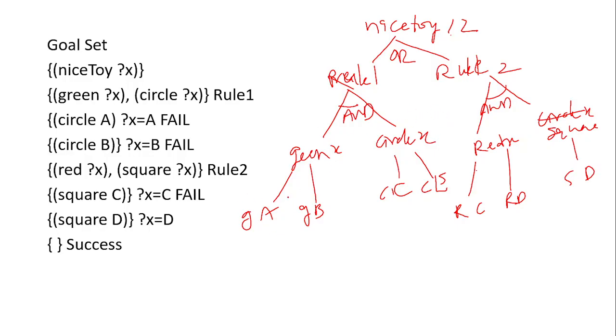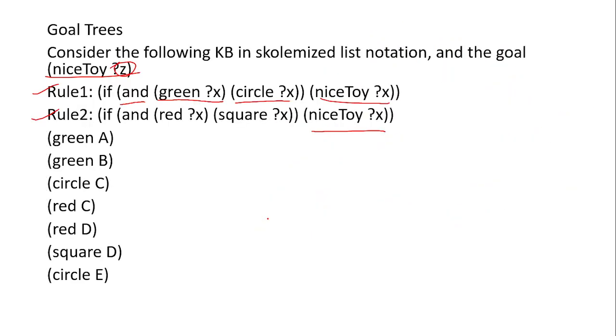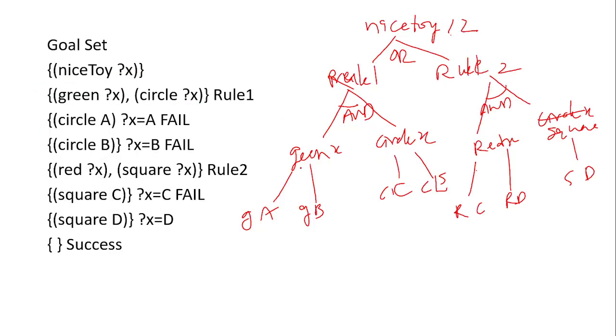We have green A. If x is replaced with A, then nice toy of A means it has to be both green A and circle A. Green A we have, and we'll check the condition. We do not have circle A here, so it is failed.